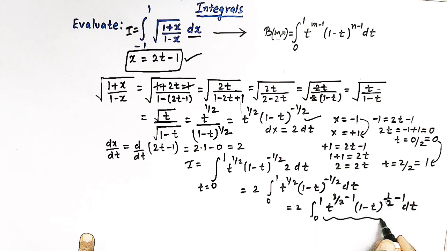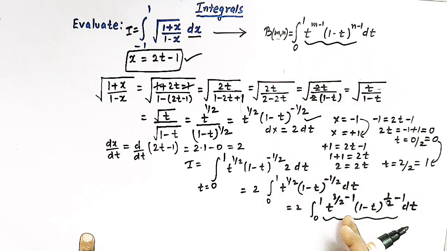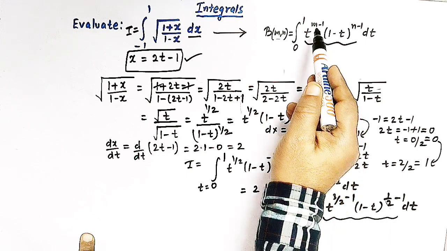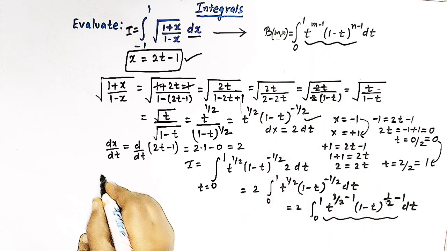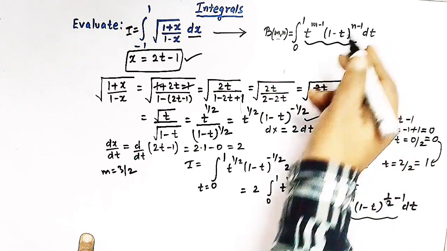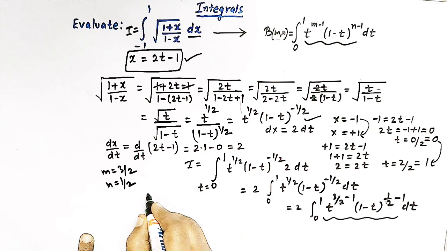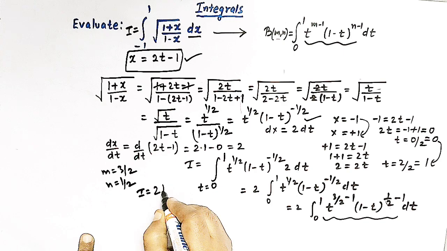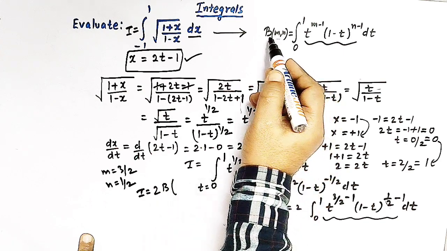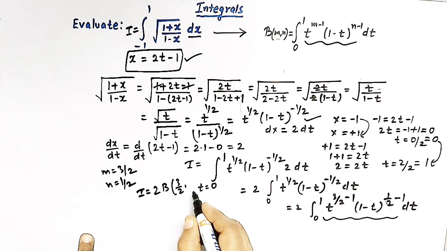So now this integral is similar to this one, and if we compare this integral with this one, then the value of m is 3 by 2, and the value of n is equal to half. So now this integral I is equal to 2 times the beta function, that is beta m comma n. M is 3 by 2, and n is half, right?